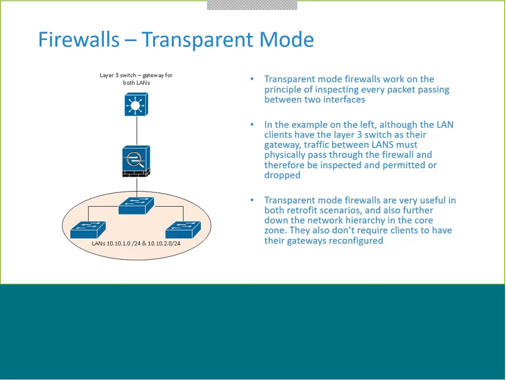We don't have to rely on the clients having the firewall as the default gateway. We can just write our ACLs now, knowing that traffic has to physically go through it. So they're great for retrofit scenarios, because if you can't touch your layer 3 stuff, or you're not comfortable with it, or whatever number of reasons there may be, we can just physically fit one of these transparent mode ones and have all the same firewall functionality that we would have in a routed mode one.